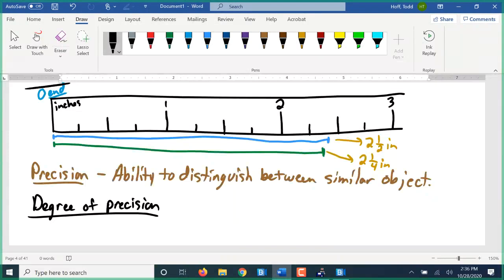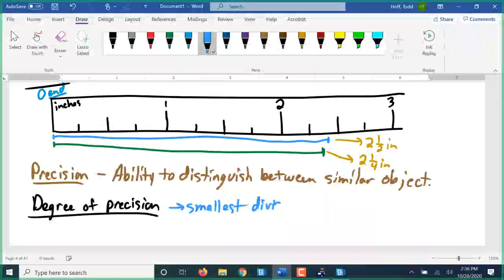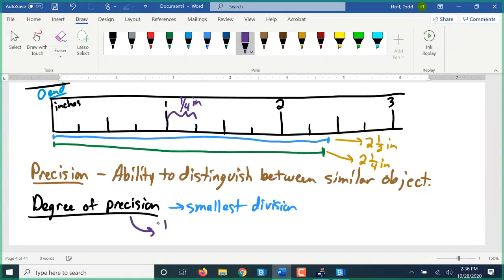The degree of precision of a measuring device is the smallest division on that ruler. So here the smallest division is a 1/4 inch. So for this ruler, the degree of precision is a 1/4 inch. It's precise to a 1/4 of an inch.